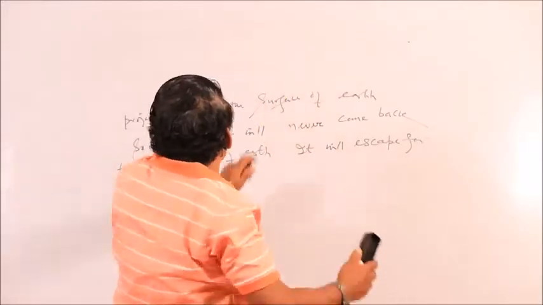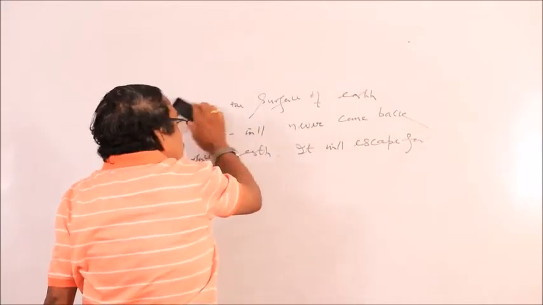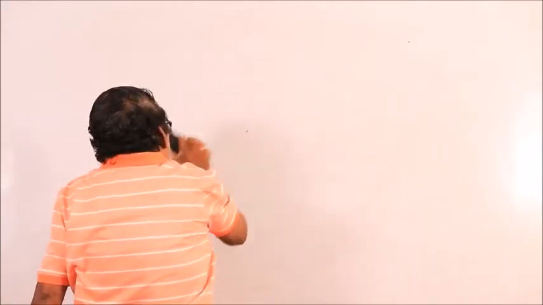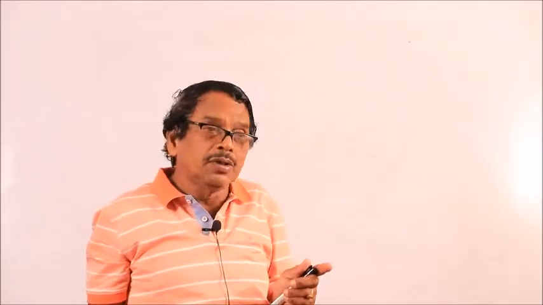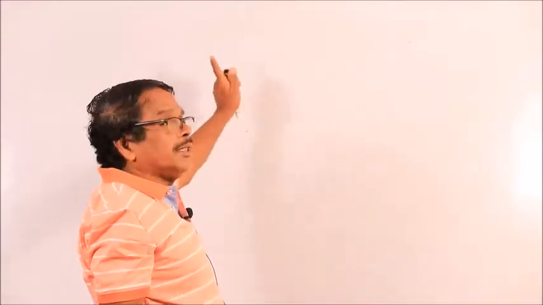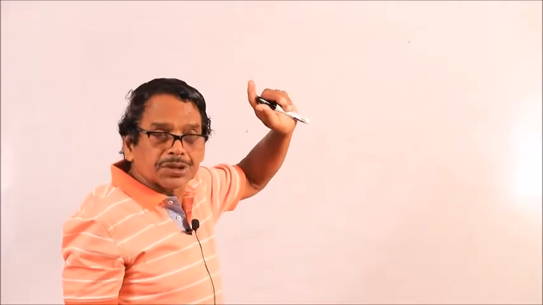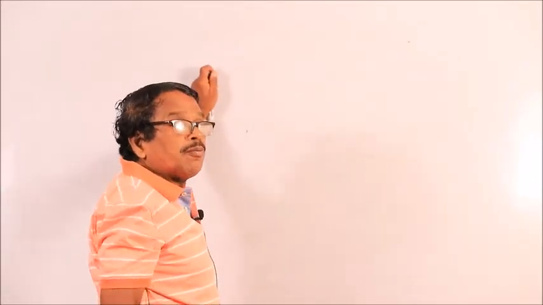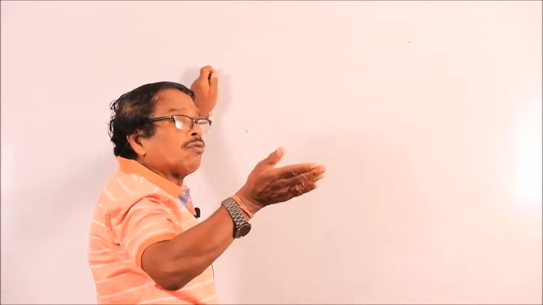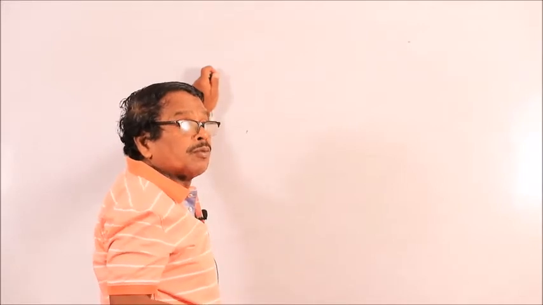When its kinetic energy becomes zero, the Earth pulls it down and it falls. The body will escape forever only if the kinetic energy imparted at the time of projection is sufficient for the body to go out of the gravitational pull of the Earth.